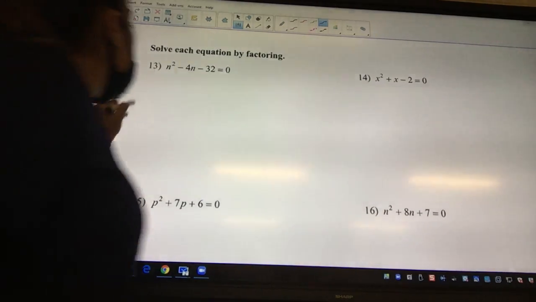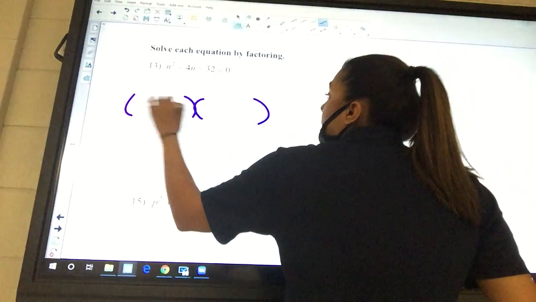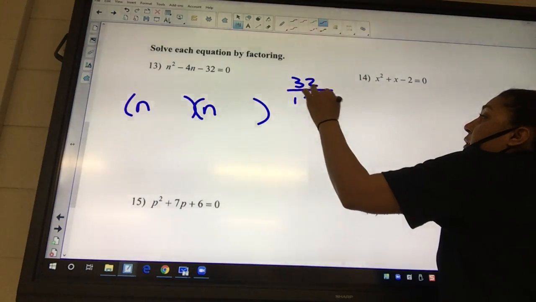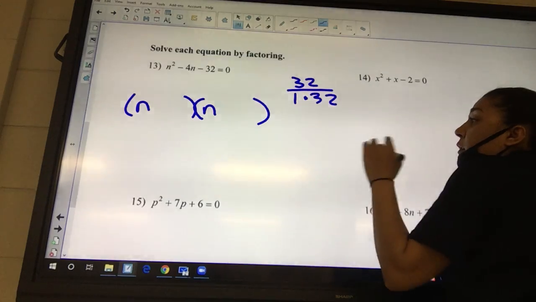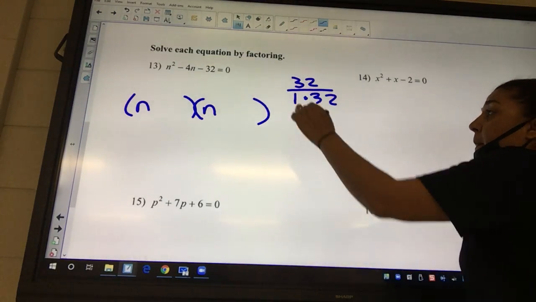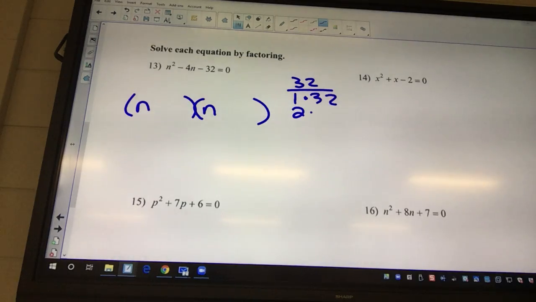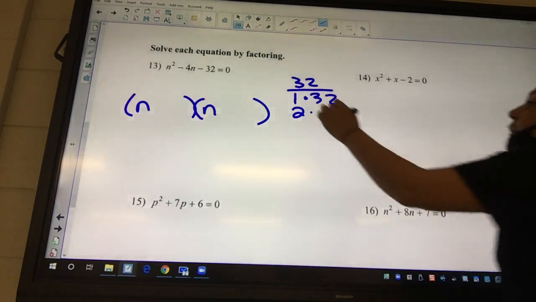Okay, same thing, draw your 2 parentheses. We got n and n, and we need some factors for 32. So 1 and 32, does 2 work? Yeah. 2 and 16. 3?